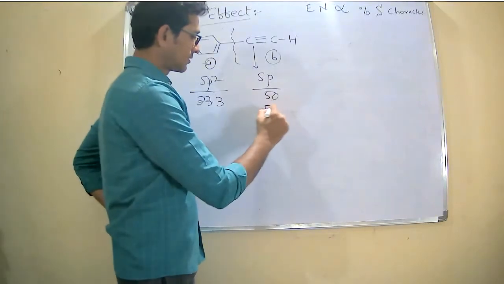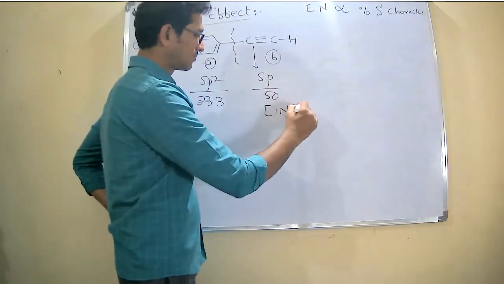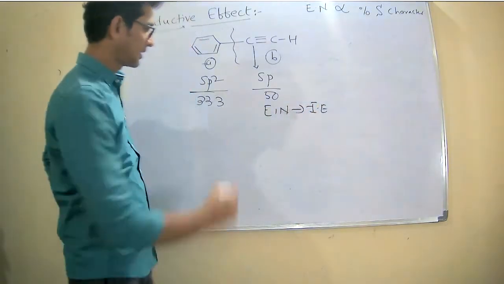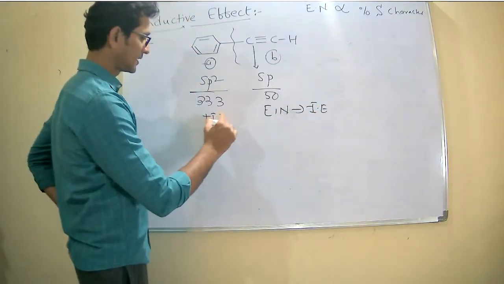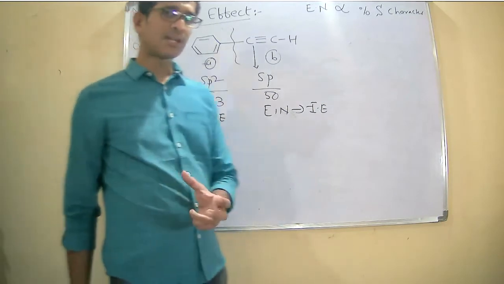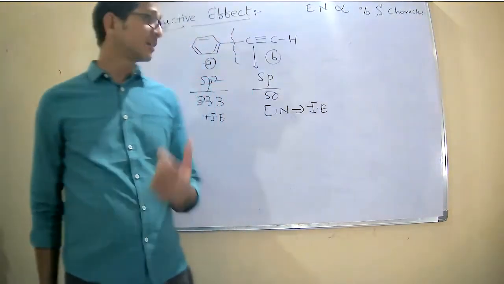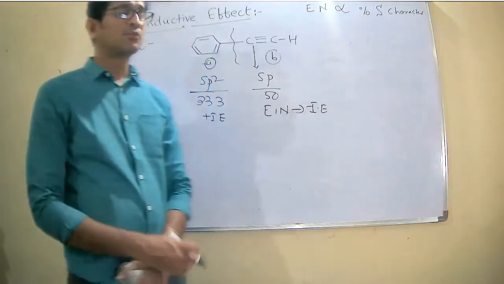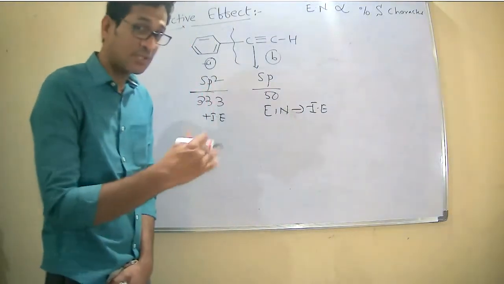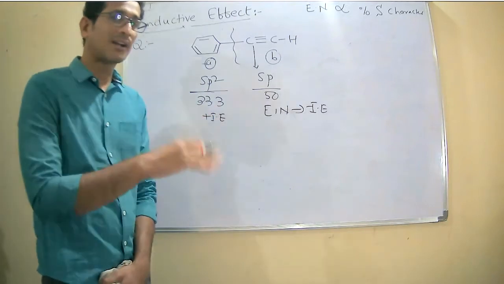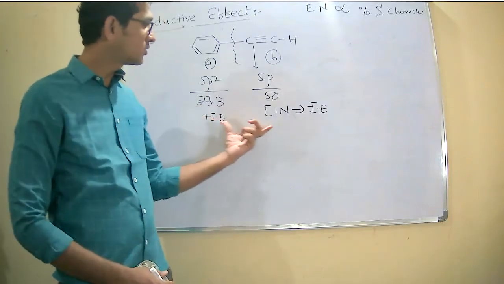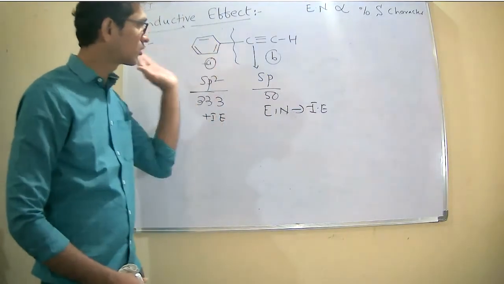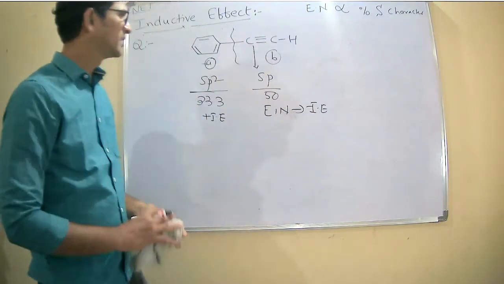Therefore, the more electronegative group is, as usual, minus inductive effect, and the other is plus inductive effect. So based on the hybridization, we can decide which is the electron withdrawing group and which is the electron releasing group. Among these two, this is the electron withdrawing group and this is the electron releasing group.